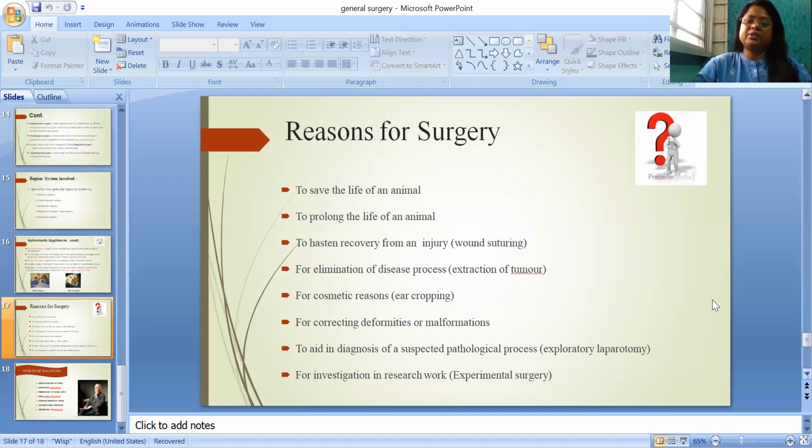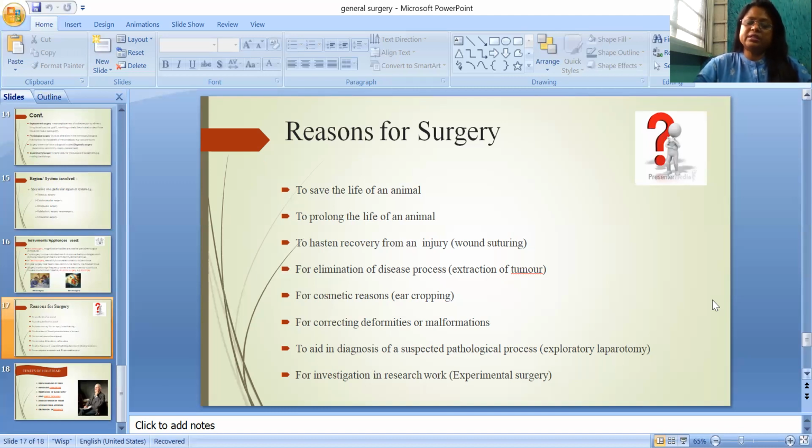Then elimination of disease process, right? Under this, there is extraction of tumor. If it is an early stage, then you can extract the tumor and eliminate the disease.